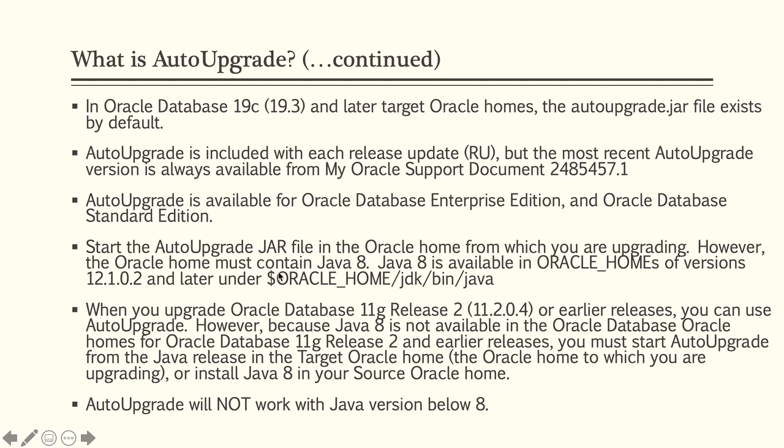So Java 8 is available. I am saying here that you need not be worried if you are on 12.1.0.2, 12.2, 18C, 19C, all of them come with JDK version 8. So you are covered there.